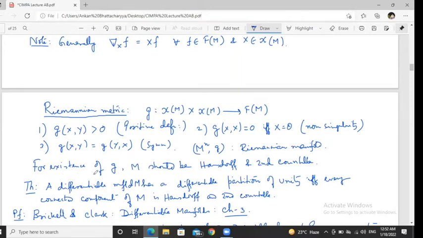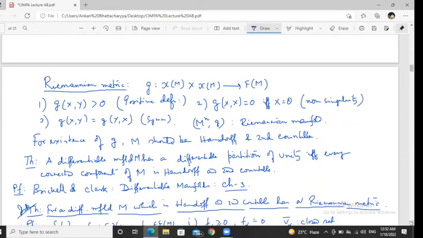Now, for the existence of g, that is important. For the existence of g, M should be Hausdorff and second countable. To get the metric, the topological space should be Hausdorff and second countable. Otherwise, we can't get the metric, because we have two very important theorems with us.